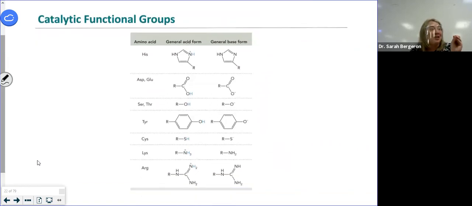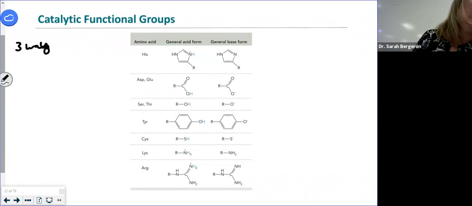In order to understand how the enzyme interacts with not only the substrate, but also the transition molecule, you have to look at the catalytic functional groups, right? Because that's what's actually going to be participating in the interactions. And so remember our amino acids. You remember how I made you memorize the amino acids, how terrible and how mean that was of me. But it's really important because what you're going to see is that there are really 3 different ways that the active site will contribute to catalytic activity.